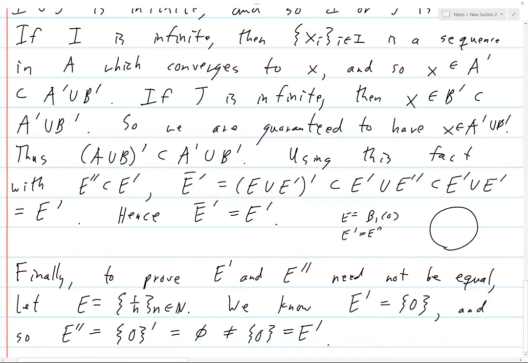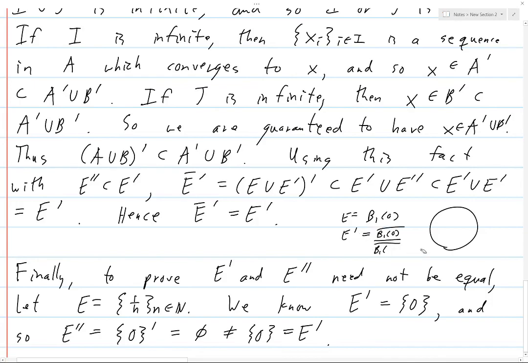So E prime is actually equal to the closure of B1, 0, and then the limit points of E prime, well, this is just going to be the closure of the closure, which is going to be the same thing.